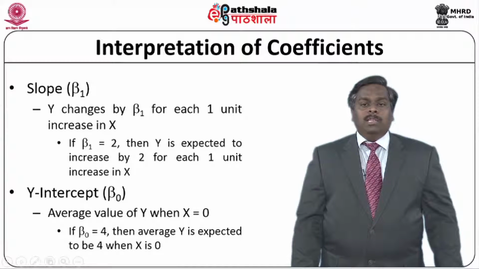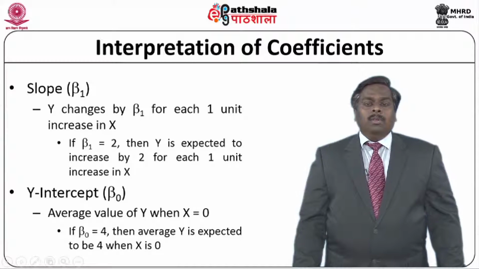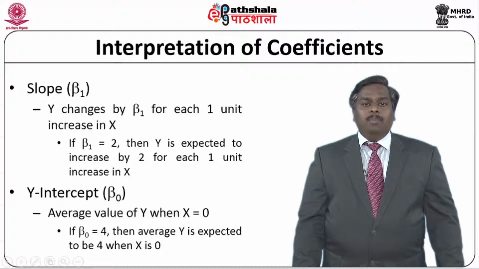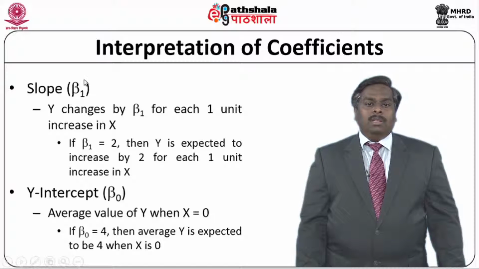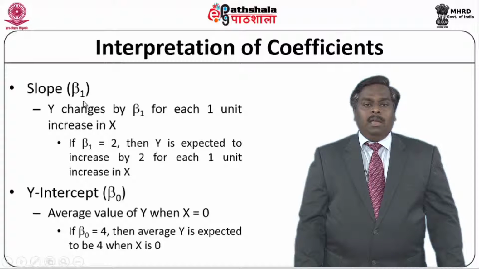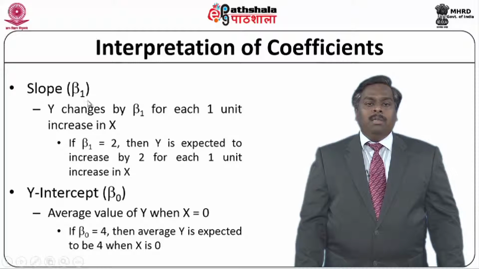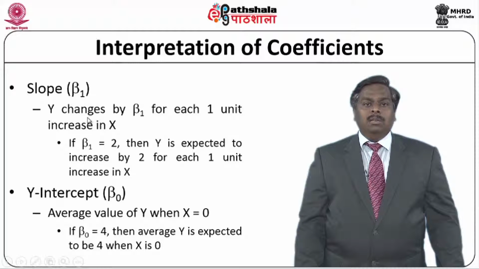But before going to the example, we should know what we can infer from beta naught and beta 1. The interpretation of coefficients will help in a lot of analysis. First, let us take beta 1, which is the slope. The slope indicates how much y changes with respect to the change in x.